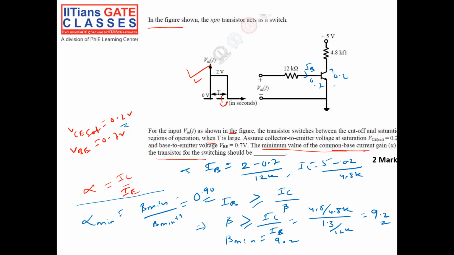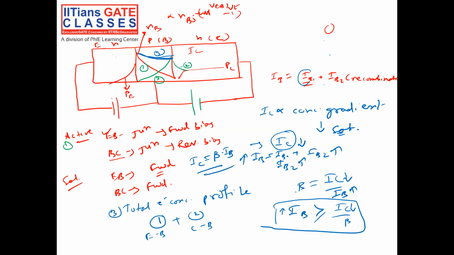So the alpha will be 0.90, right? In order for the circuit to act as a switch, if alpha minimum is 0.90, then it will act as a switch. That means when I apply a 2-volt pulse, my transistor will be saturated and it will act as a switch. Okay, this is the answer.